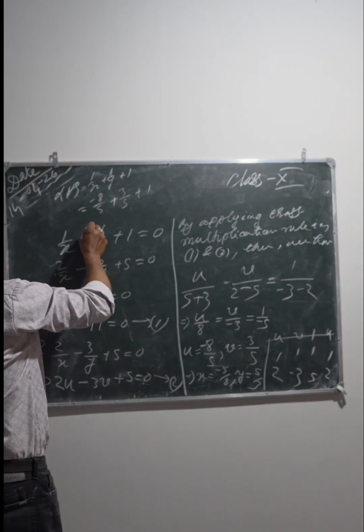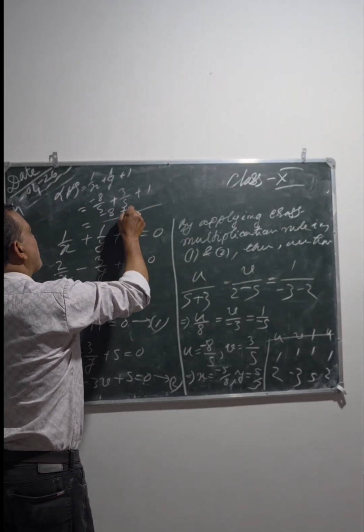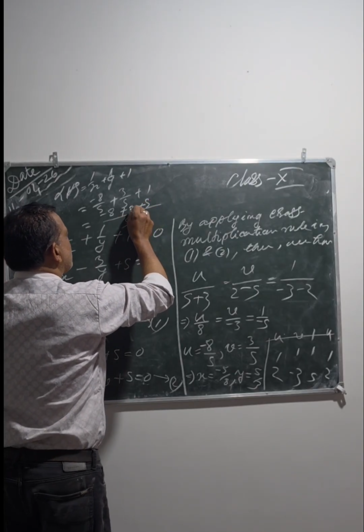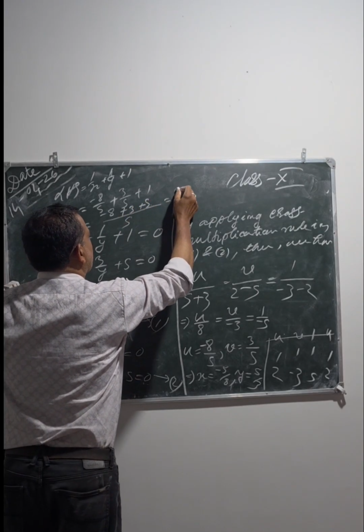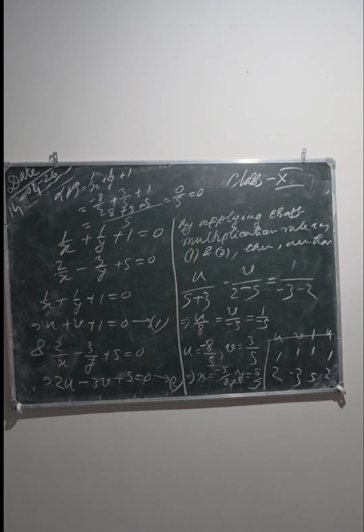What is the LCM here? The LCM is 5, so minus 8 plus 3 plus 5 over 5. So 3 plus 5 is 8, minus 8 plus 8 is 0, so it will be 0. That is, these values satisfy this equation.